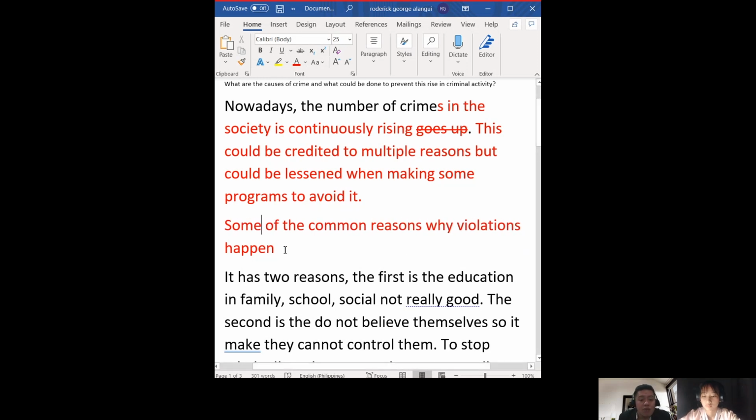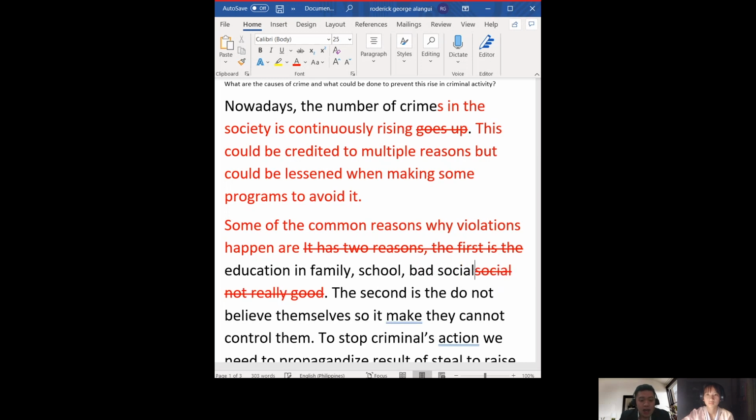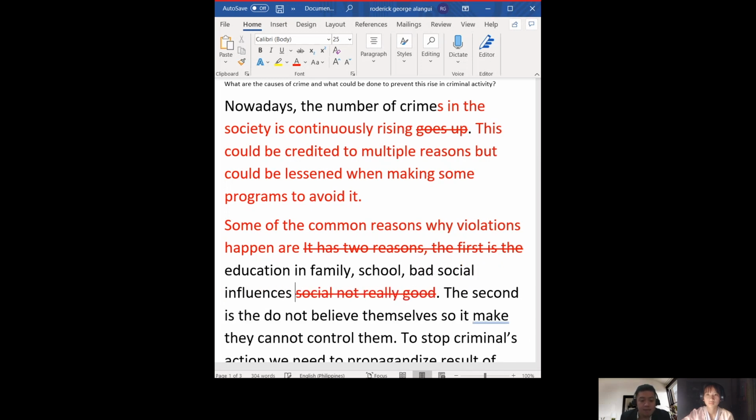Some of the common reasons why violations happen are education in family, education, school, social not really good. Or instead of social not good, you can say bad social influences.